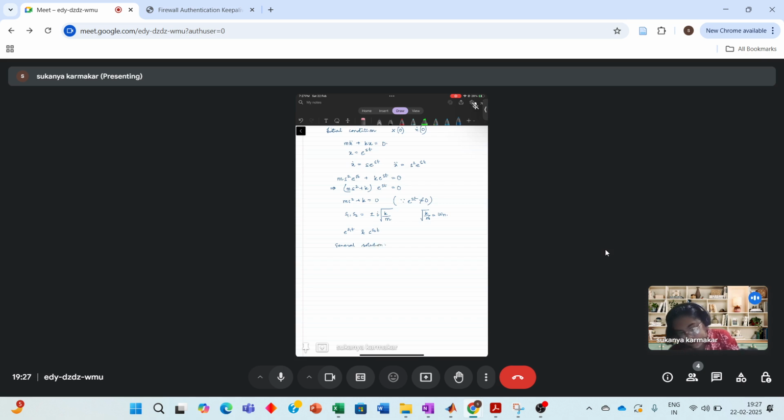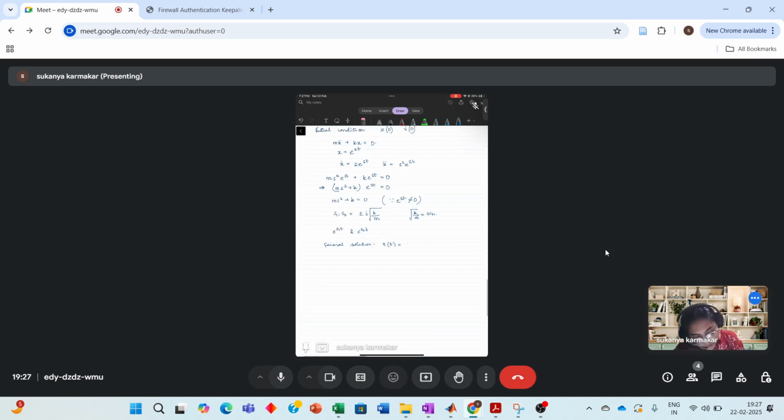We can write down the general solution like this. x of t is equal to a1 e to the power s1t plus a2 e to the power s2t. What is s1? So with this, I can write plus minus. This is what I'm assuming. So from here, I can tell s1 and s2 is plus minus i omega n.